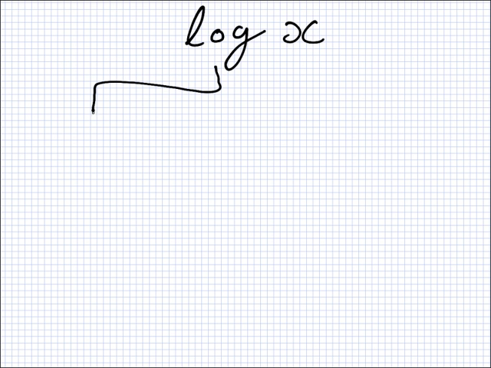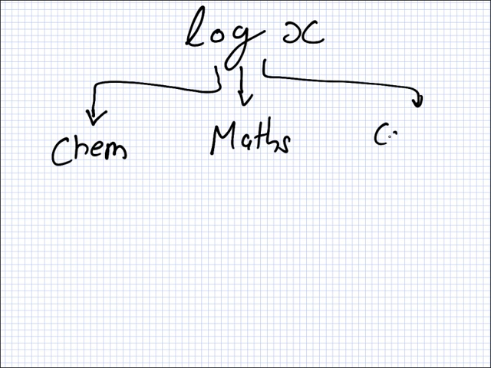So if you're in chemistry, maths, or computer class, not writing the base has a different value. In chemistry, if you don't write the base, you usually mean base 10.